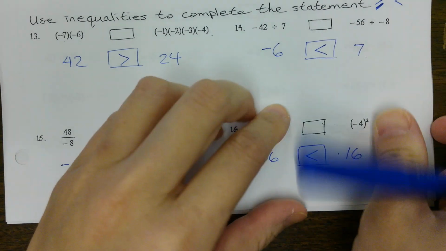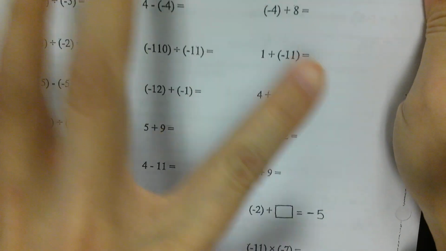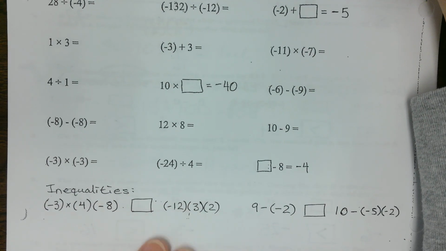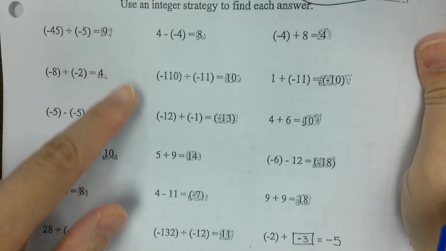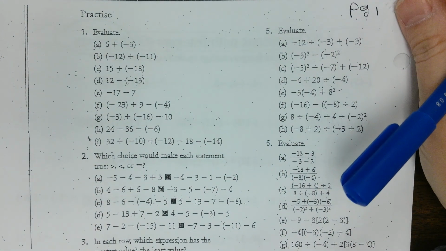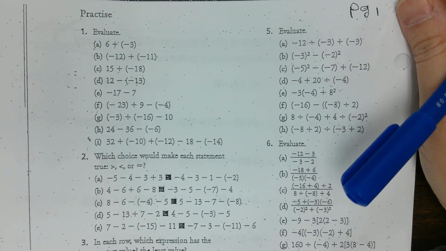Hey, good job. Okay, so that's my lesson for today, 26 minutes. So try these ones. And answers are on the page right after it so that you guys can check. And then these on the back. So it looks like a lot of questions, right?